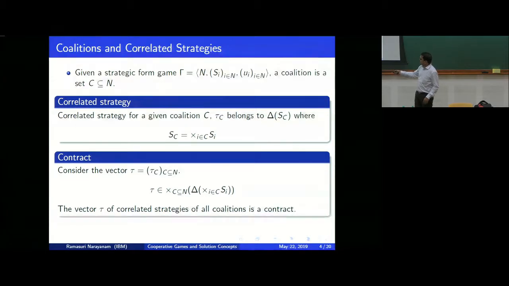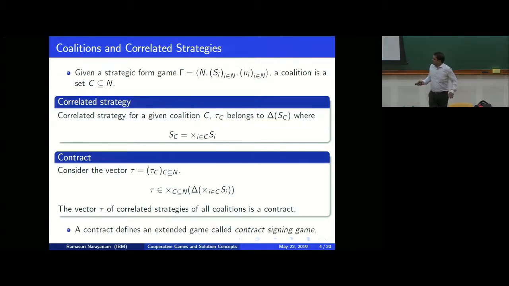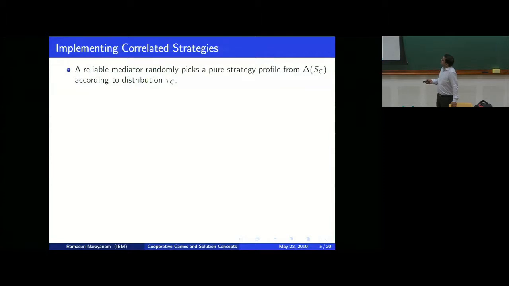So a contract is a vector tau, the correlated strategies of all the correlations, right? So for a fixed correlation C, this you have seen, this is nothing but the correlated strategy associated with the correlation C, and you take the cross product over all possible subsets C. Okay, this is called a contract. So a contract defines an extended game called the contract signing game. That is the notation. So now you understood what a correlated strategy is, right?